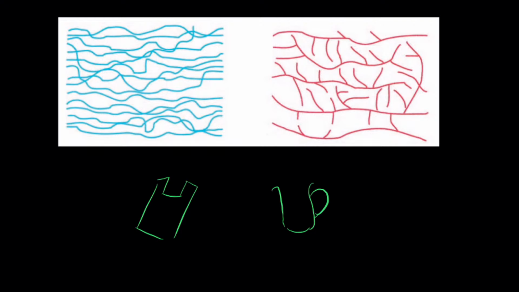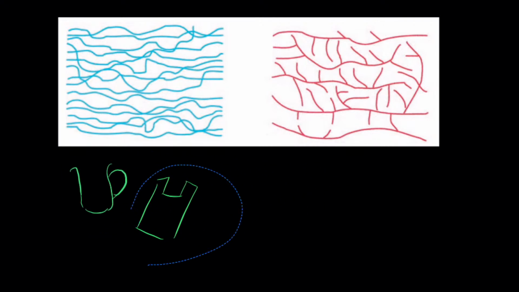Which would have higher intermolecular forces? The first one. So the first one would be harder to separate, in other words, stiffer. So the first one is the plastic that goes on to making more solid stuff.